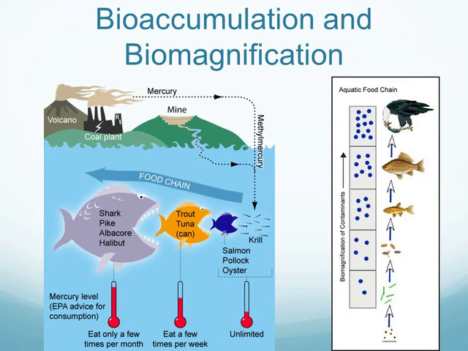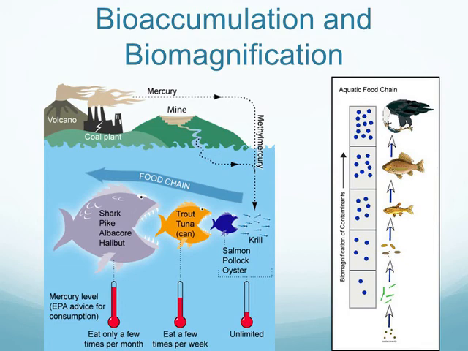So these particular ones you wouldn't want to be eating too often. And then you can see the larger halibuts and the sharks. They're eating the smaller tunas, and they are accumulating more mercury to the point where it's probably not advisable to eat these very often. So that's a demonstration of bioaccumulation.